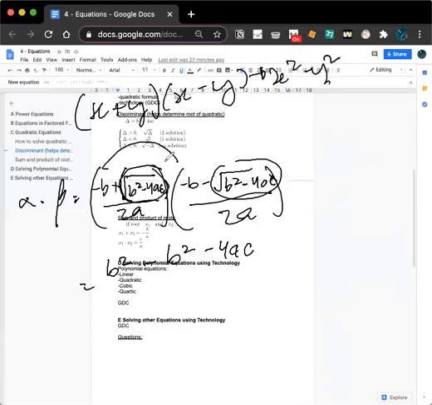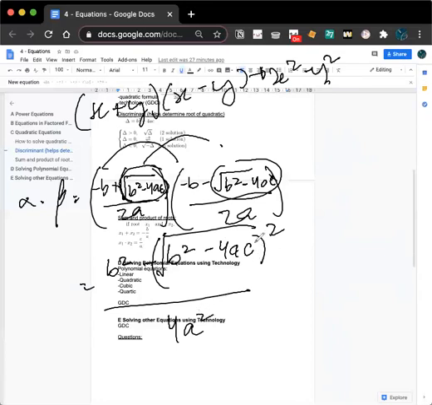So this thing becomes b squared minus the square root of b squared minus 4ac to the power of 2, over 4a squared, and that would be b squared minus b squared plus 4ac over 4a squared.